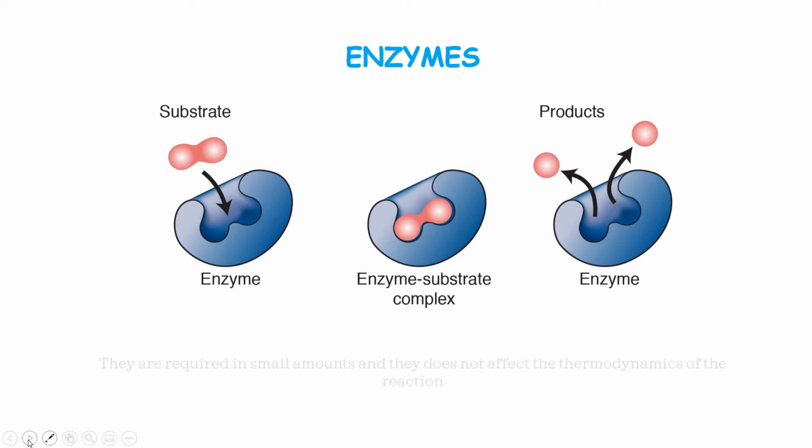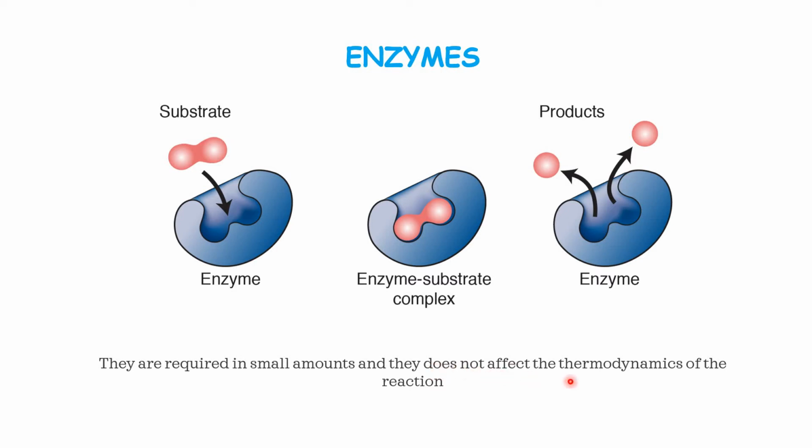Okay. Next one, they are required in small amounts and they do not affect the thermodynamics of the reaction. They don't get degraded, so they don't need to come in great amounts because they can perform the same task without being used up, without being degraded. So they don't even have to be retrieved.